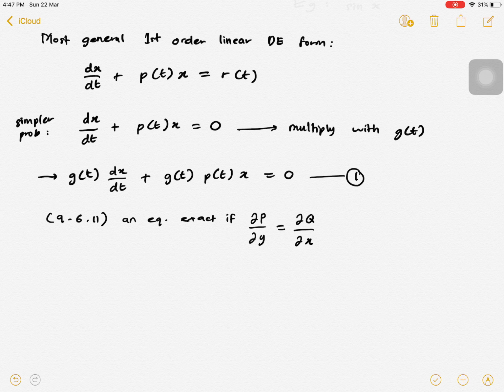In this case we use x and t instead of y and x, therefore we can change it: delta P over delta t is equal to delta Q over delta x.